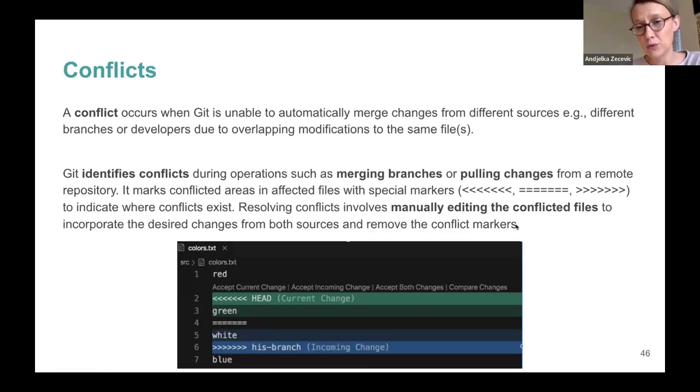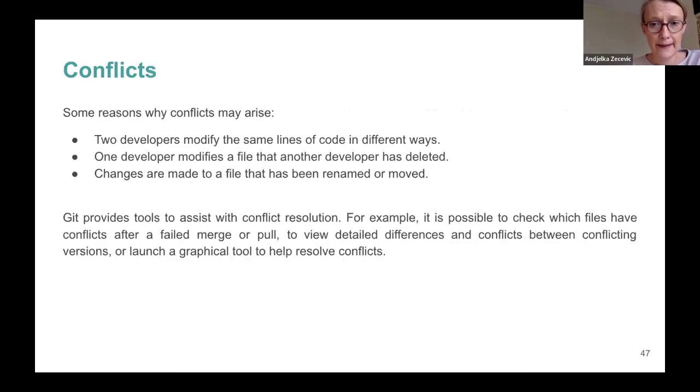So that is something that we need to do manually, and that happens if, of course, 2 different people work on the same file, particularly on the same lines, or if we try to merge 2 different branches with different contents that somehow overlap.